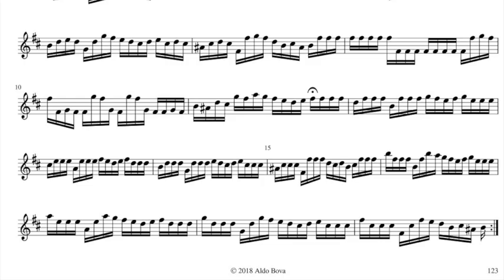Okay, and now the piece comes back, and the first sentence is exactly the same as before. Exactly.